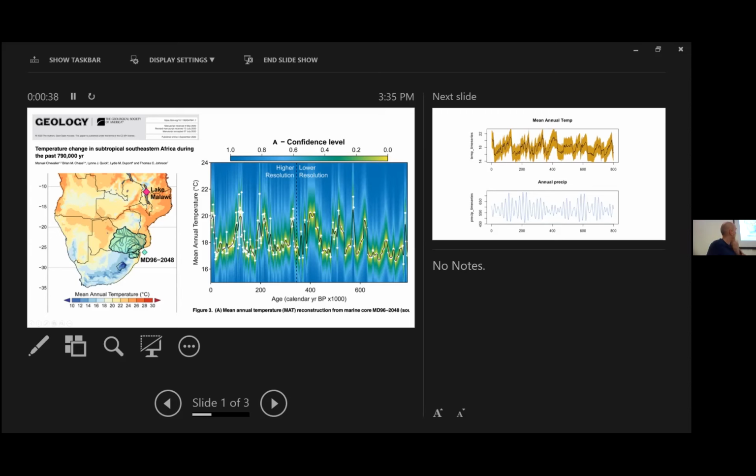It covers almost the past 800,000 years, and we thought that would be a good case study to test the long-term climate simulations that are available in pastclim. So the pollen record is assumed to represent a region that covers the Limpopo Basin and a few of the coastal rivers as well. So we extracted the pastclim data for a rectangle region encompassing the catchment.